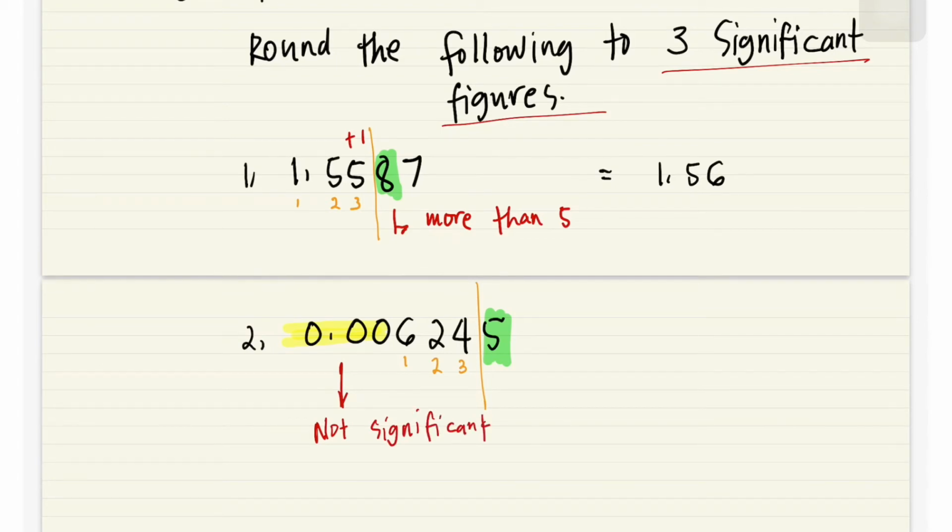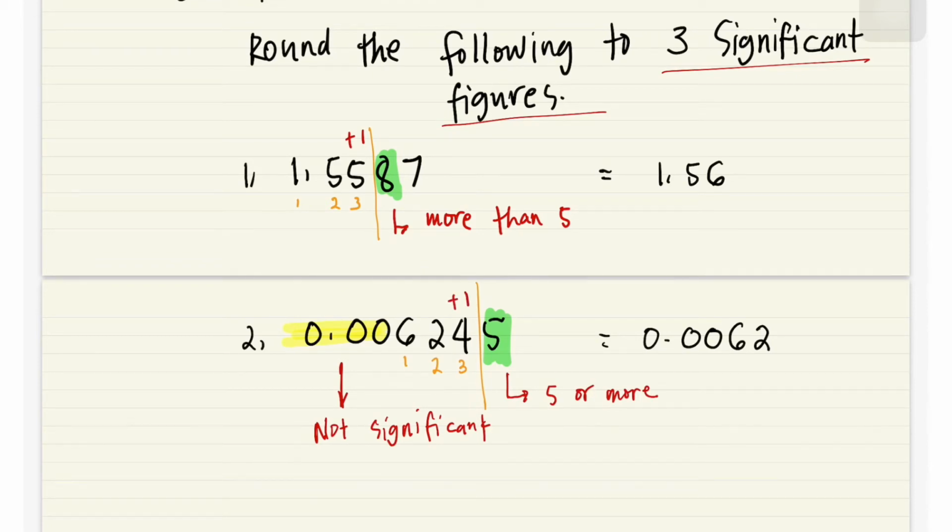That's why we start counting at 6. But when you write your final answer, you still have to write the 0.00, then 6, 2, and this one here is 5 or more, so this one is going to be plus 1.